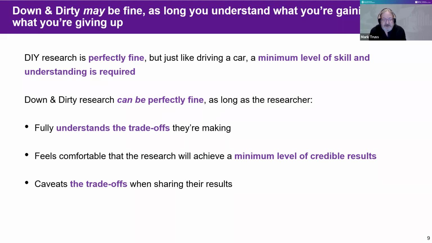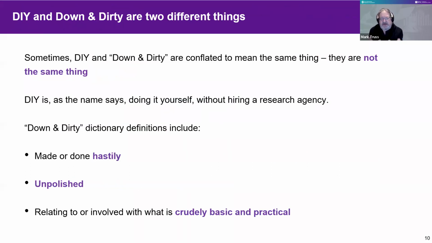Now, I just want to be clear, right? Because sometimes people get confused, I think, between DIY, do it yourself, and down and dirty. And people sometimes conflate those to mean the same thing, and they are not the same thing. DIY, as the name says, is doing it yourself without hiring a research agency.